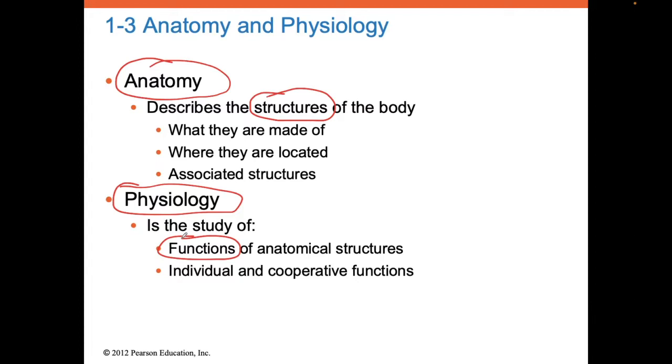The reason why they can move in very different directions is because the structure of the elbow is very different than the structure of the shoulder. And structure is going to determine function. So anatomy is the study of structure, whereas physiology is the study of function. Structure determines function.